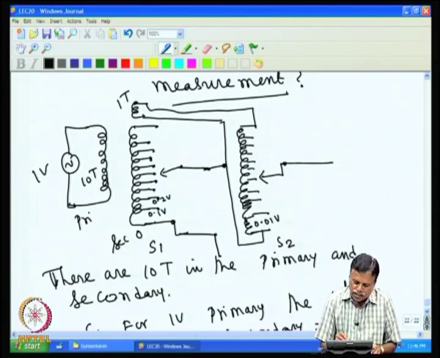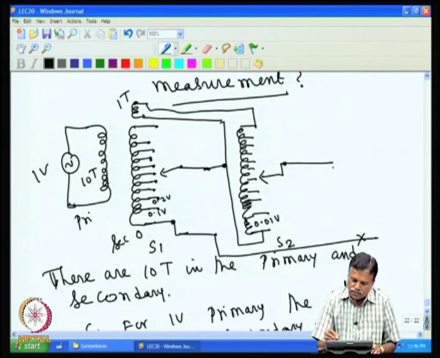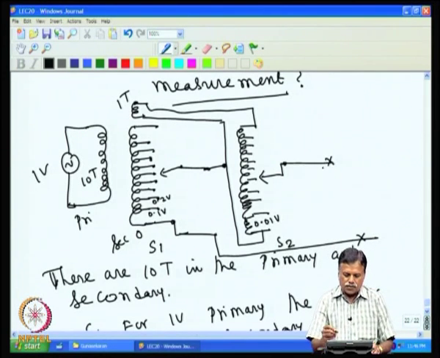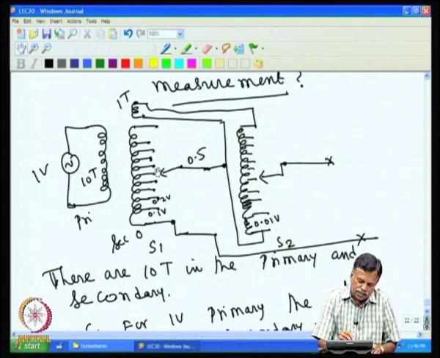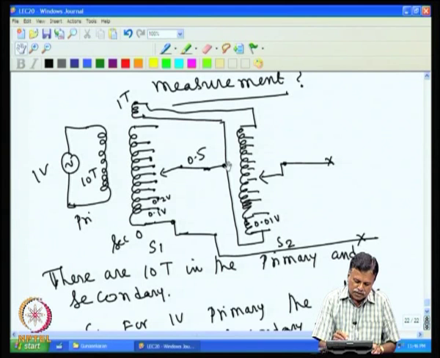Okay. Now, if I take this point and this point and look at the voltage across this. For example, if it is at the midpoint 0.5, then the voltage at this point is 0.5 volt, because it is at the midpoint, this is 0, this is the fifth winding. So, the voltage at this point is 0.5.